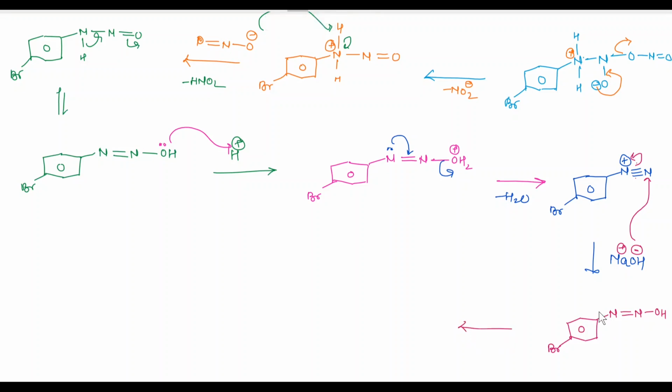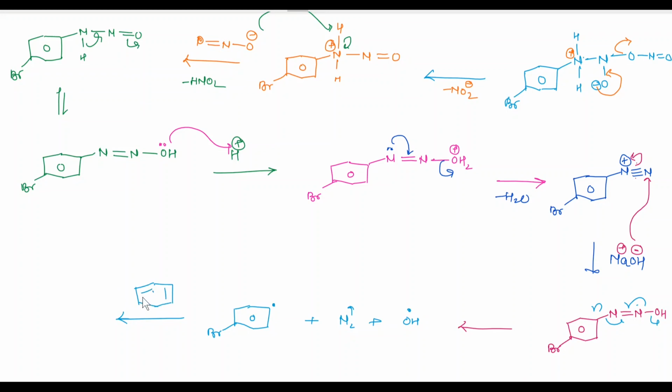In the next step, this bond is cleaved, with loss of N2 gas and OH radical, and we get the bromophenyl radical.